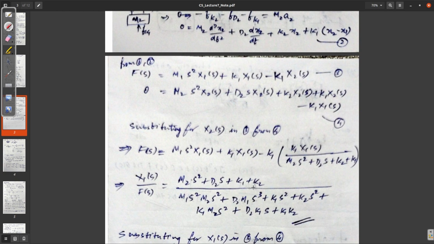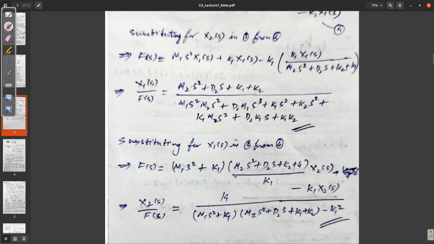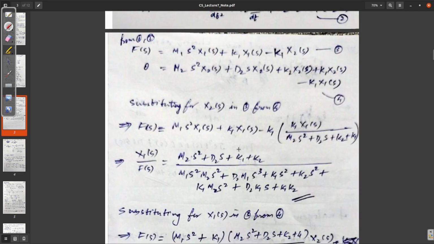That is what is happening here. Okay, that is, here what are we doing? Here from this equation we have found x2 equal to something as a function of x1, and that we have put here.